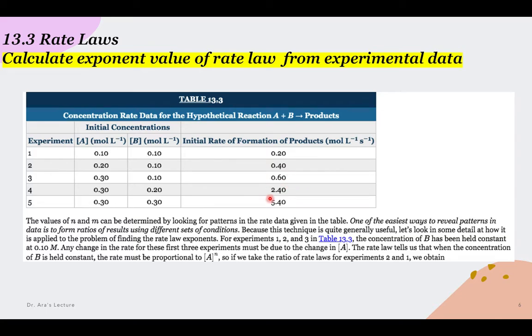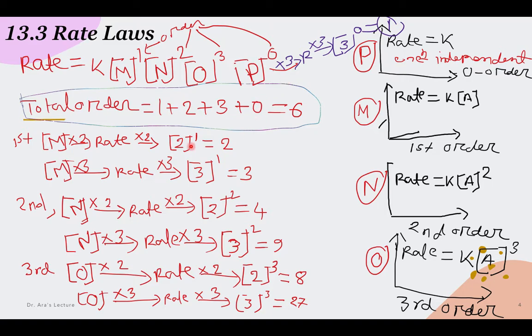So let's go back here and consider a chemical reaction whose rate is: rate equals k, concentration of M to the power 1, N to the power 2, O to the power 3, P to the power 0. That means M has exponent 1, this is first order.